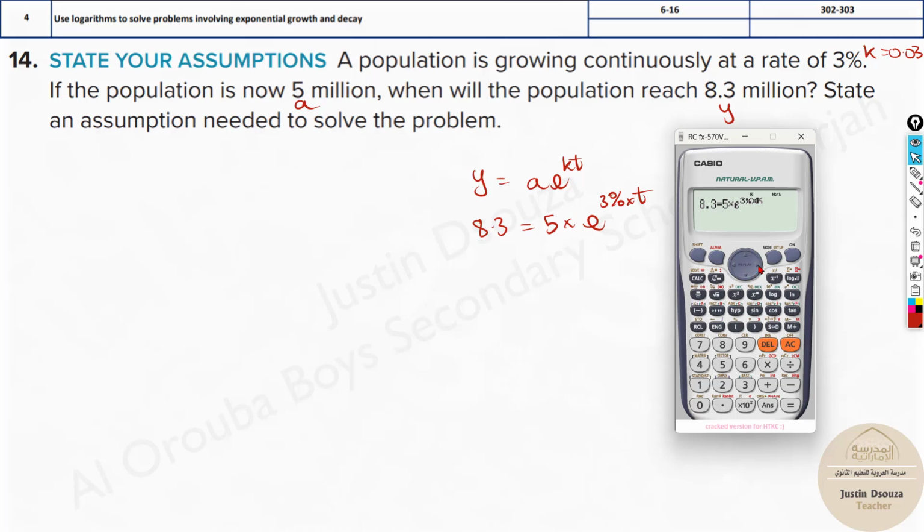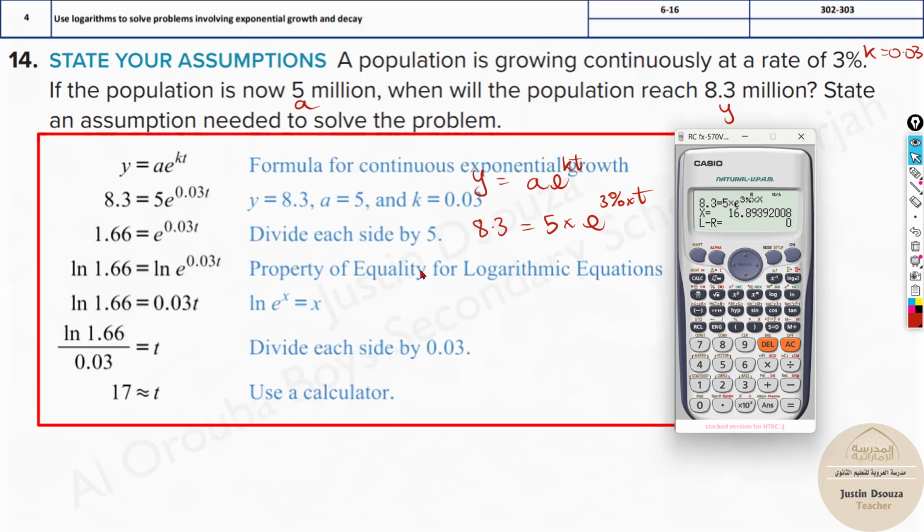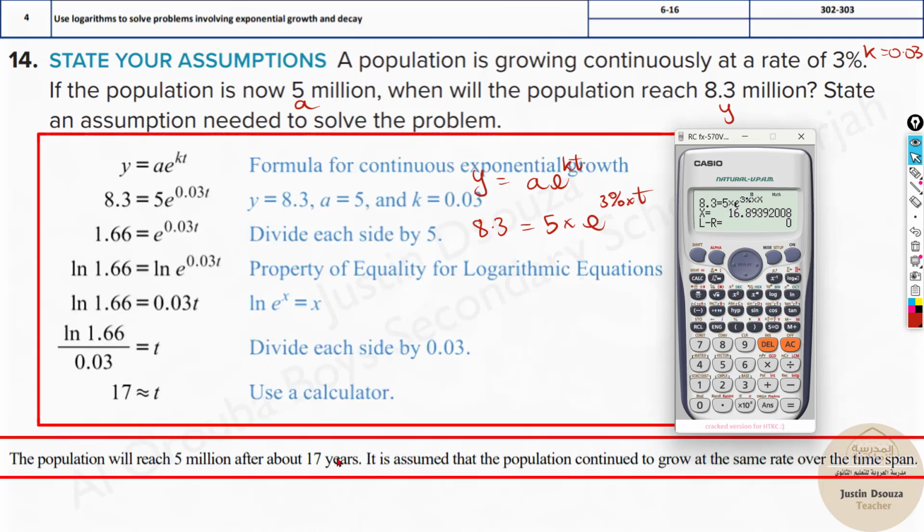It's just single x. This is multiplication, then the variable x. Press shift and solve, and then equal to, your answer is 16.89. That is almost 17 years. So from 5 million to reach 8.3 million, it takes about 17 years. After 16.89 years, it will reach.